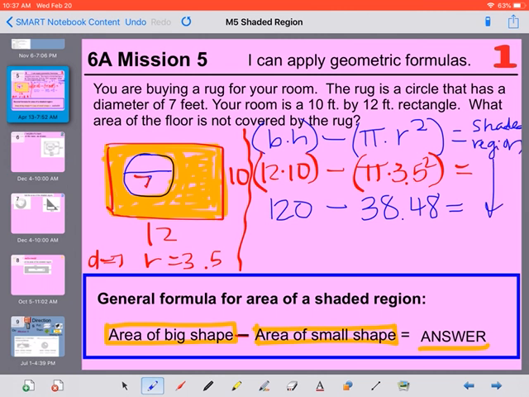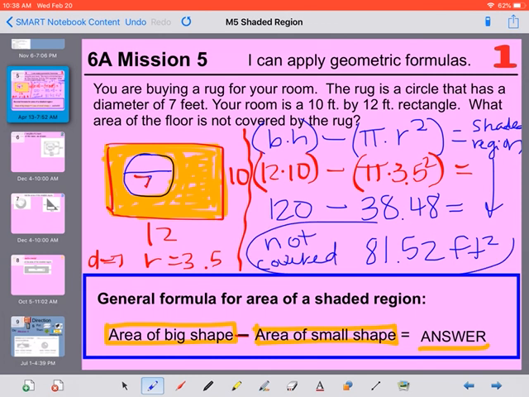Okay? So 120 minus 38.48 gives me 81.52. And we're talking about feet. So feet squared, since we're talking about the area of the shaded region. This is the area that is not covered by the rug. Took the area of the room minus the rug, leaves us what's not covered by the rug.